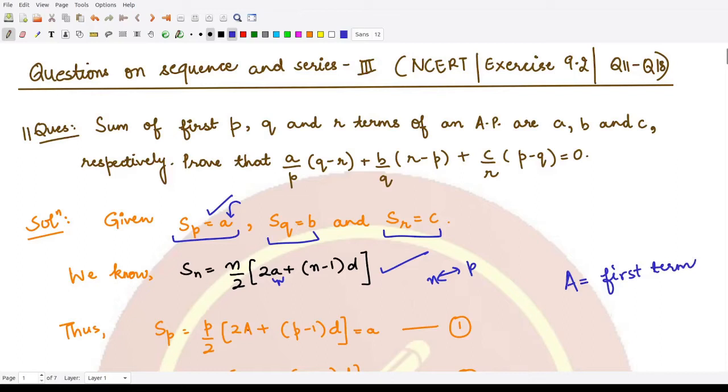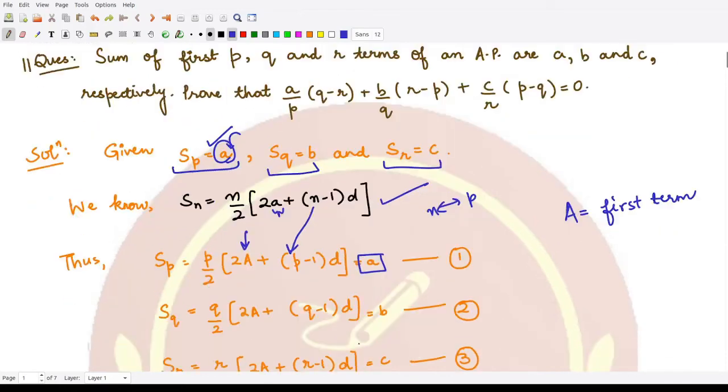Let's denote that by capital A to differentiate between this a and this A. So this is capital A here plus, in place of n, we are writing (P minus 1) into d, d is the common difference, and this is given to be a. Otherwise, if you write this also as small a, then both of these become equal, however they are different, right? So similarly we'll write this for SQ and for SR, right?